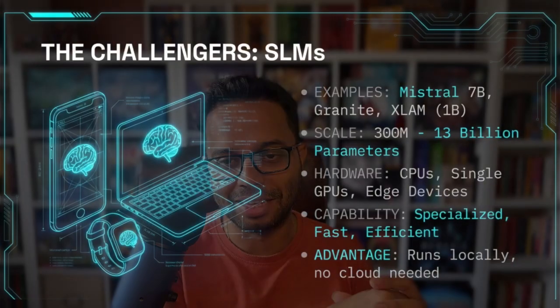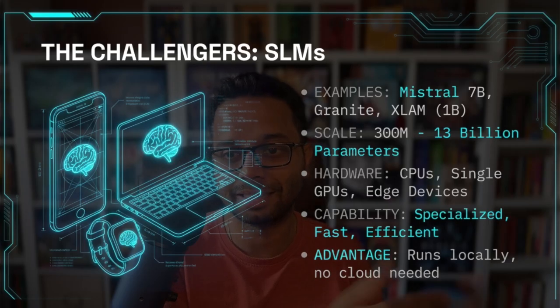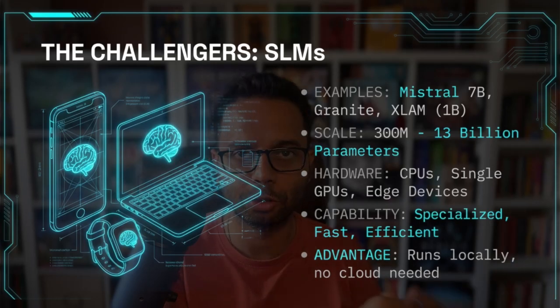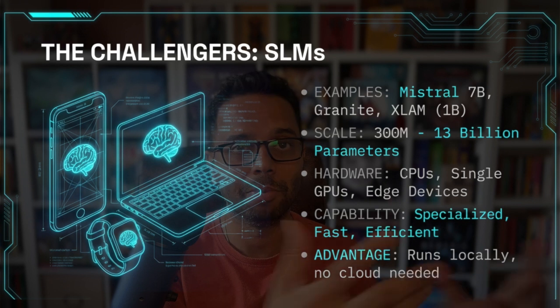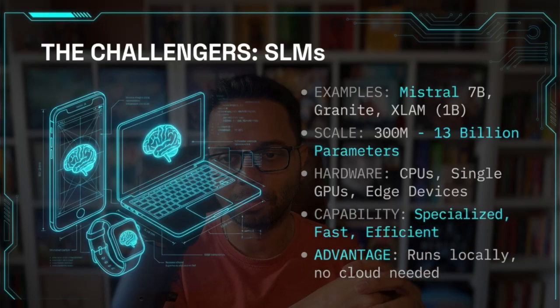When it comes to SLMs, in contrast to LLMs, some examples are Mixtral 7B, Granite, XLM 1 billion. Phi 3 is also from Microsoft. These are examples of small language models. Typically from 300 million to 13 billion parameters, we call them small language models.